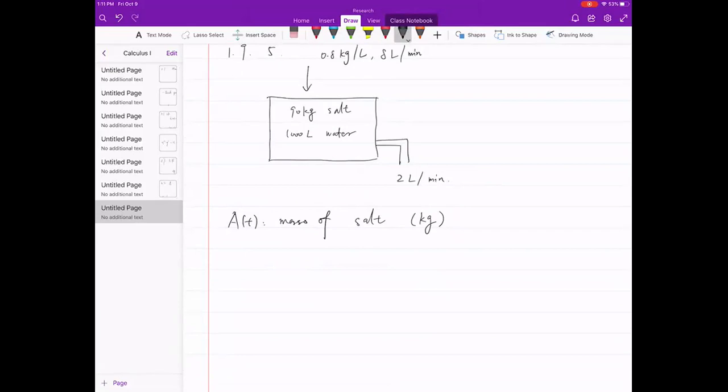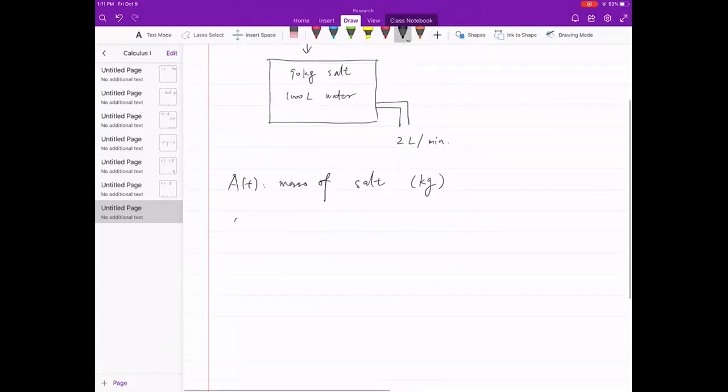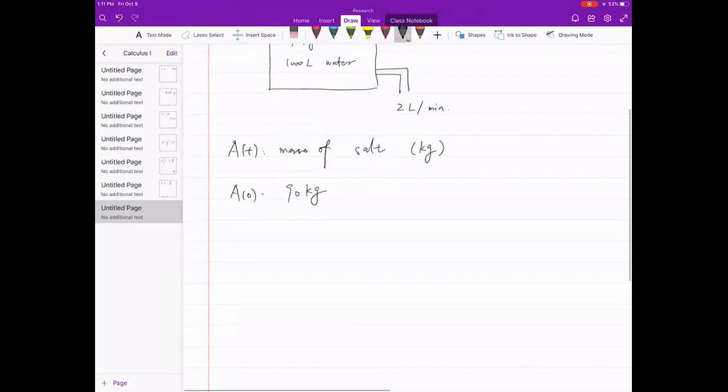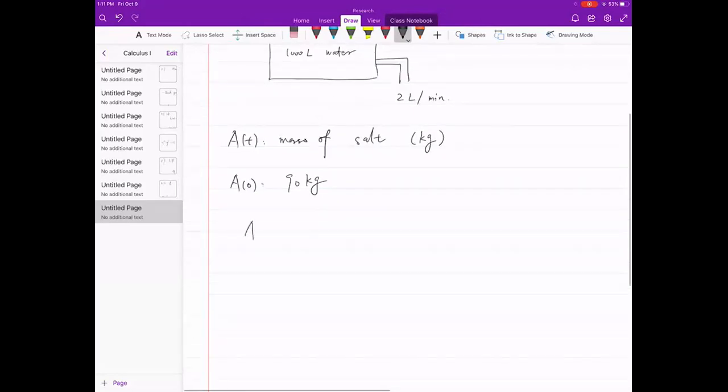The first thing we want to do is set up the initial condition, A(0). That means before you start the whole process, how much salt do you have? Clearly, in this case, it's 90 kilograms. Now you want a differential equation. You just need to write down A prime of t, the rate of change of your mass of salt per minute.